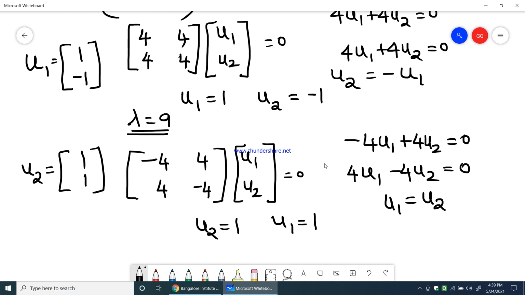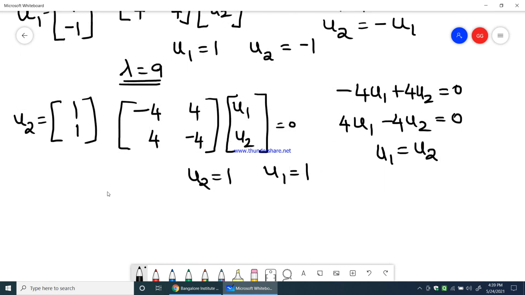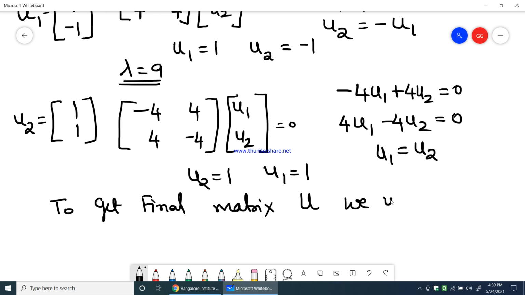Now to write the final matrix U, to get my final eigenvector matrix U, we use the Gram-Schmidt process.